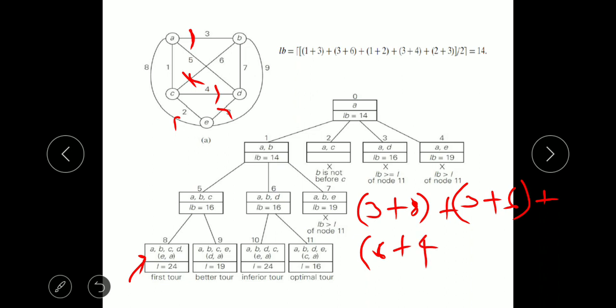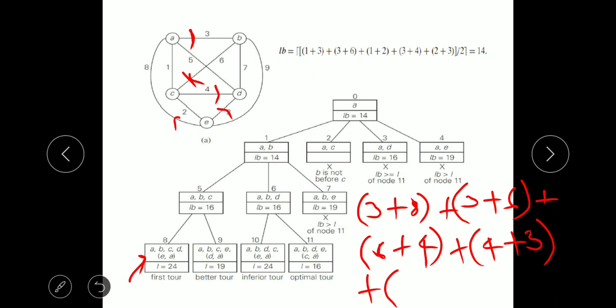So the cost is 4 plus, from vertex D, C to D is in the Hamiltonian cycle. It means that D to C is also there. So 4 plus D to E. D to E's cost is 3 plus, from E, D to E has been included in the Hamiltonian cycle.